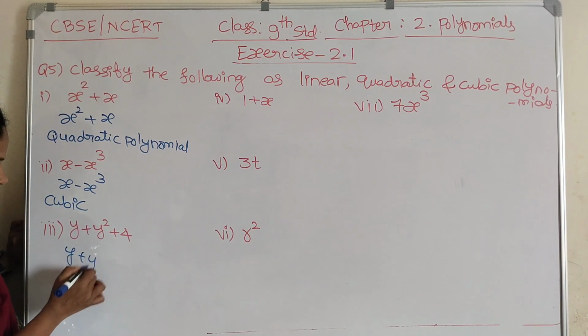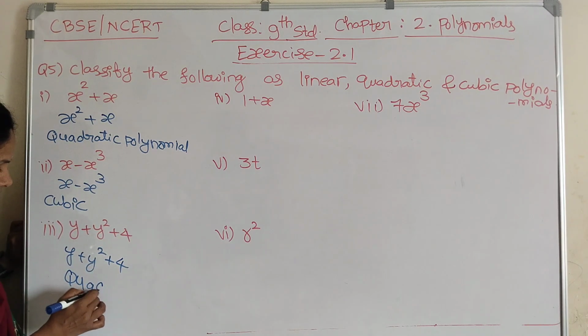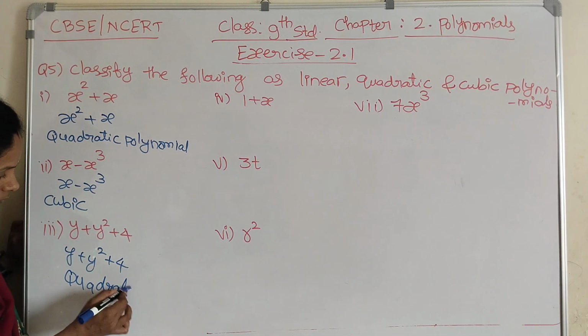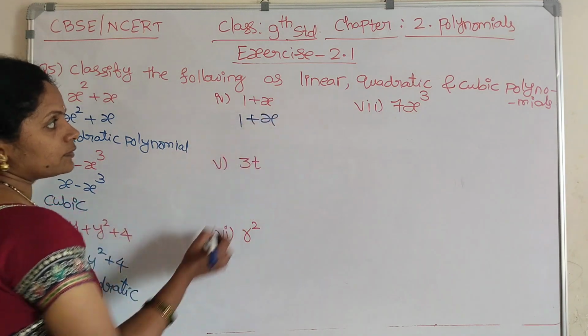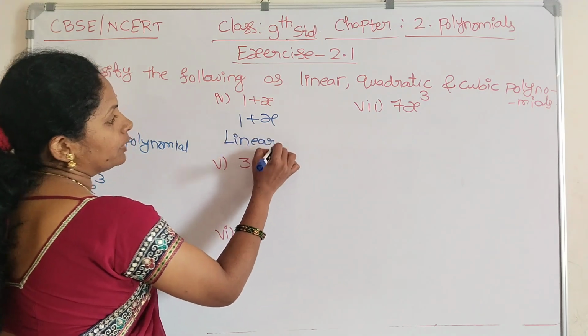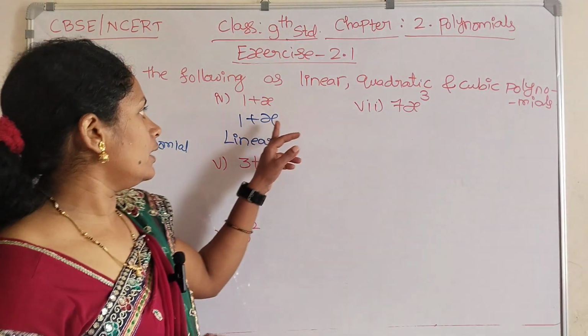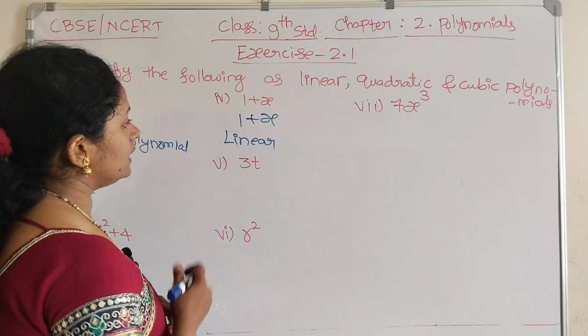Y plus y square plus 4, the highest power of y is 2, that's why it is a quadratic polynomial. 1 plus x, it is a linear polynomial because the power of x is 1, that's why it is linear.